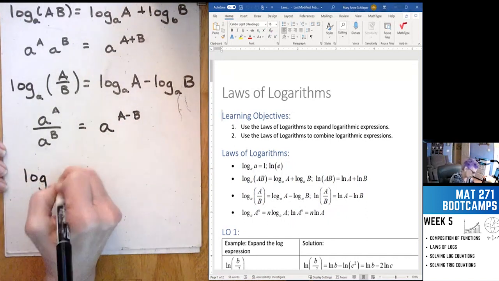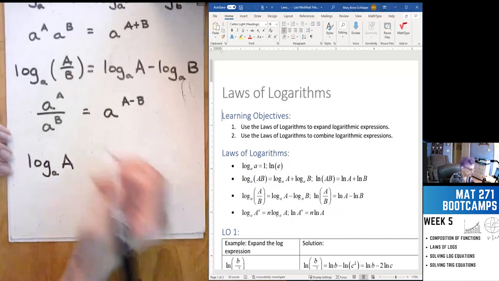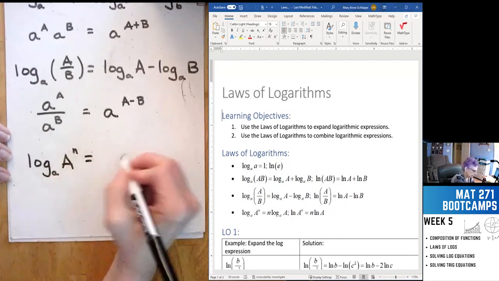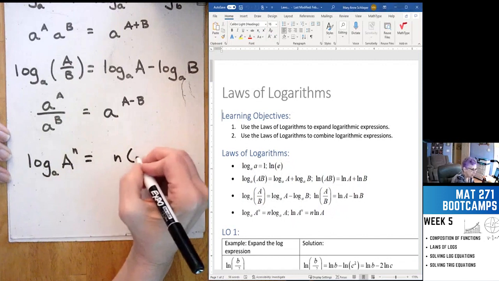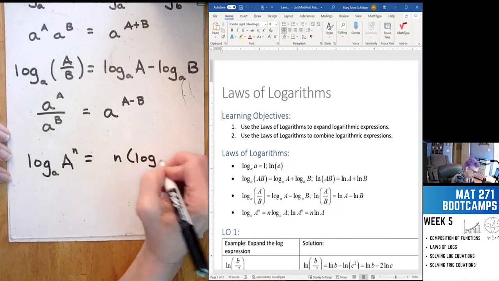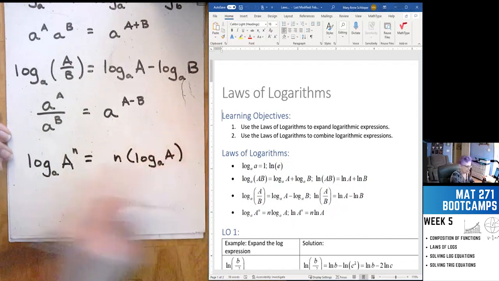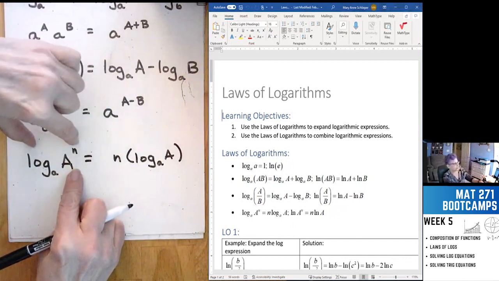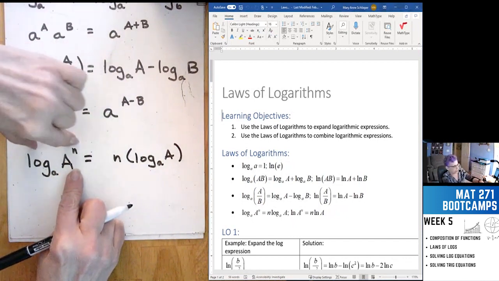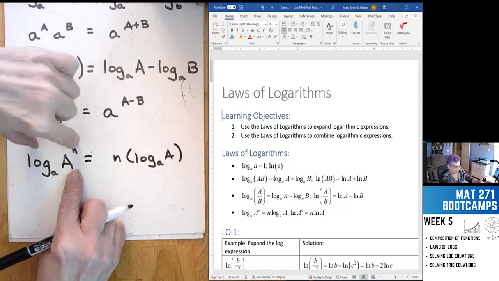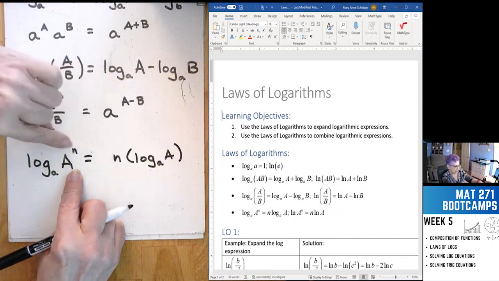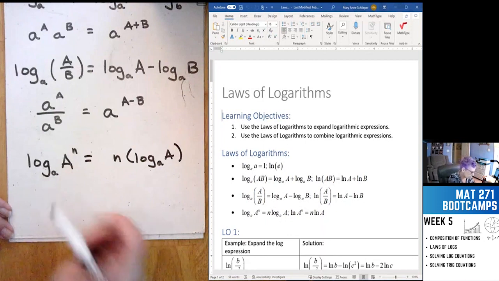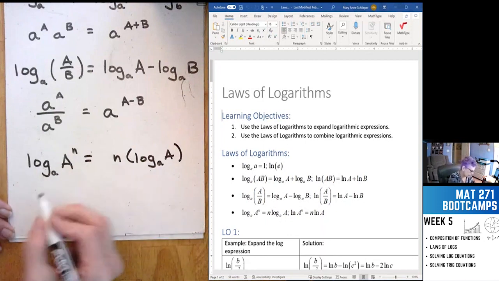And log base A of A to the n power is equal to n times log base A of A. This is the one we use the most in solving logarithmic equations, and you'll use it a lot when you get to logarithmic differentiation for a function raised to a function. The exponent can fall down.